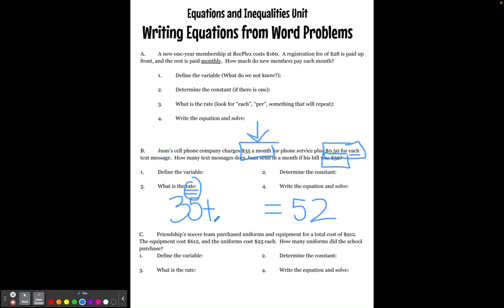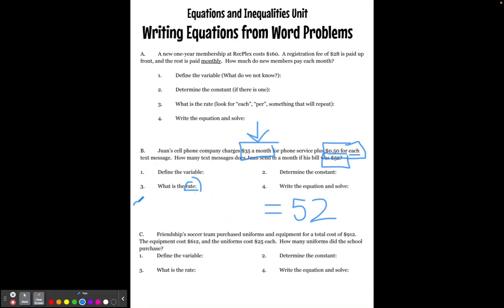So he's going to pay 50 cents. That's my little decimal sign, right? 50 cents. 50 cents. Let me write it so it actually makes sense.